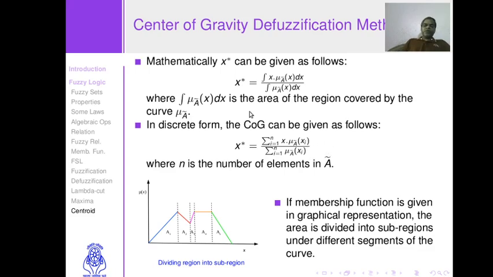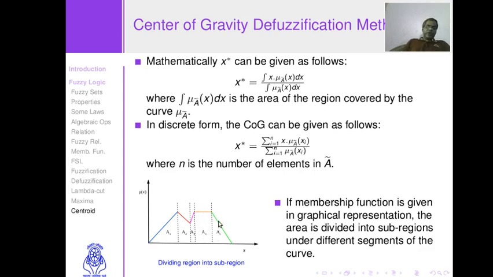Here this component, integration of mu A(x), represents the region covered by the curve that represents mu A. So suppose the membership function is given in graphical representation here.